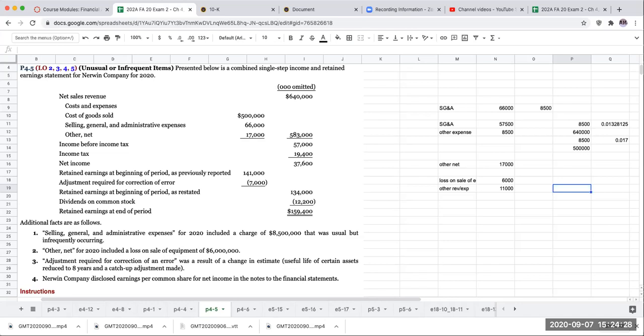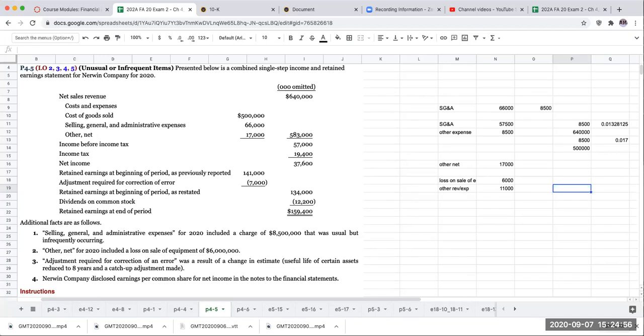So the next one here is the adjustment required for a correction of an error. And this is a result of a change in estimate. We had the useful lives of certain assets reduced to 8 years and a catch-up adjustment is made. So if we have an adjustment for the correction of an error, we do not treat it like that. This was a result of the change in estimate.